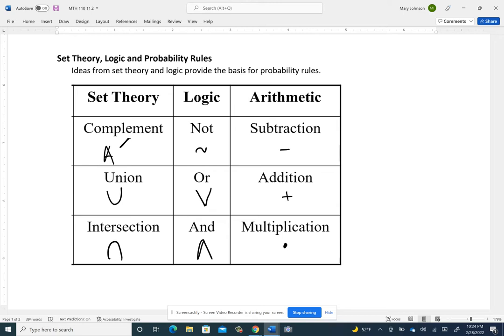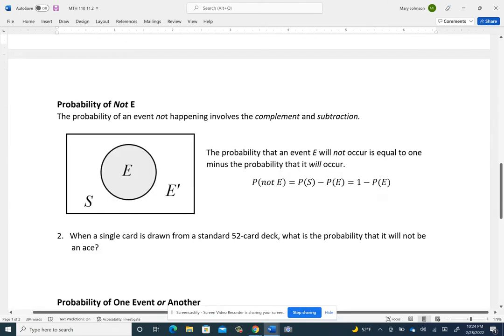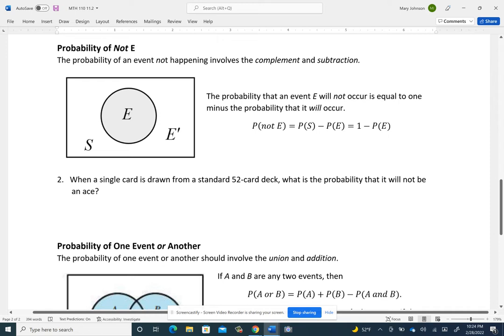Like I said, you'll find these to be pretty intuitive. I just tried to draw Venn diagrams to help you think about it a little bit. So one of the things you might be asked to do is get the probability of an event not happening, of not E. So that's really related to the complement.